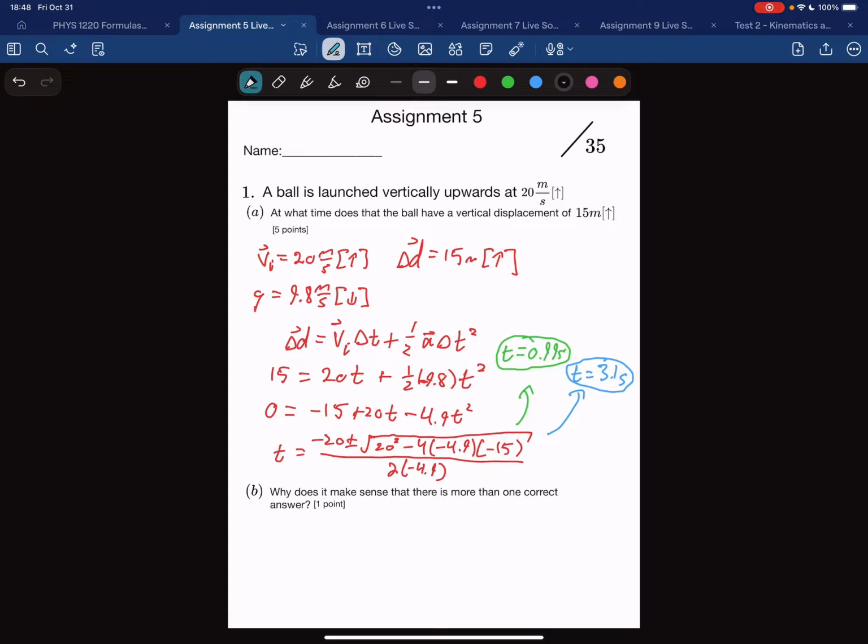And for part B here, why does it make sense that there is more than one correct answer? This is because it reaches 15 meters upwards on the way up and again on its way back down.